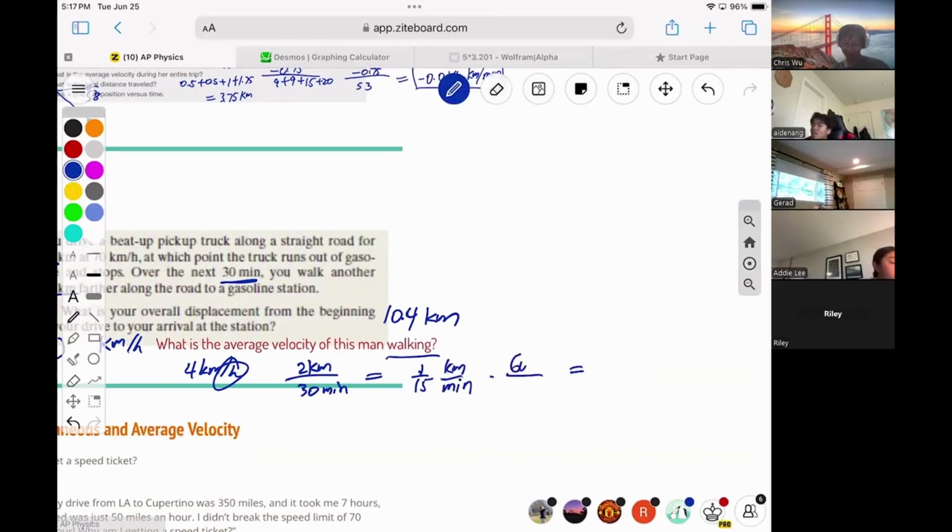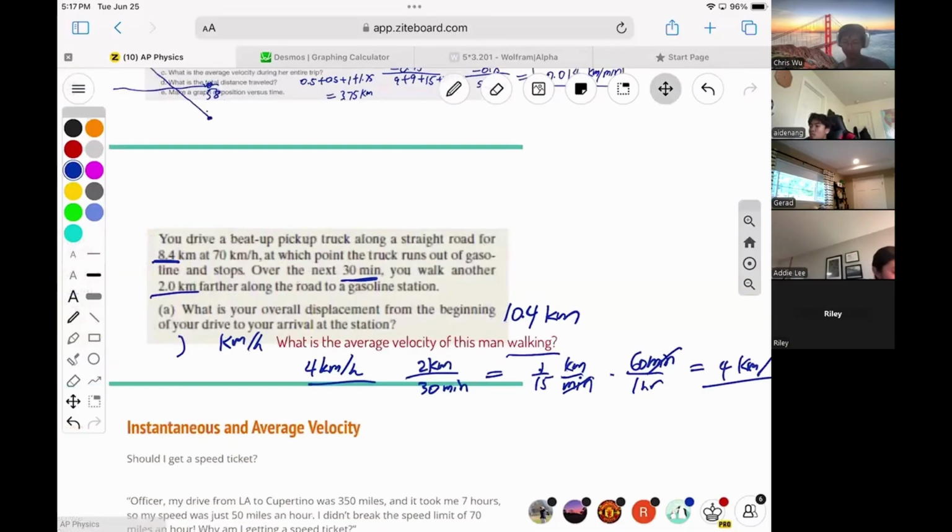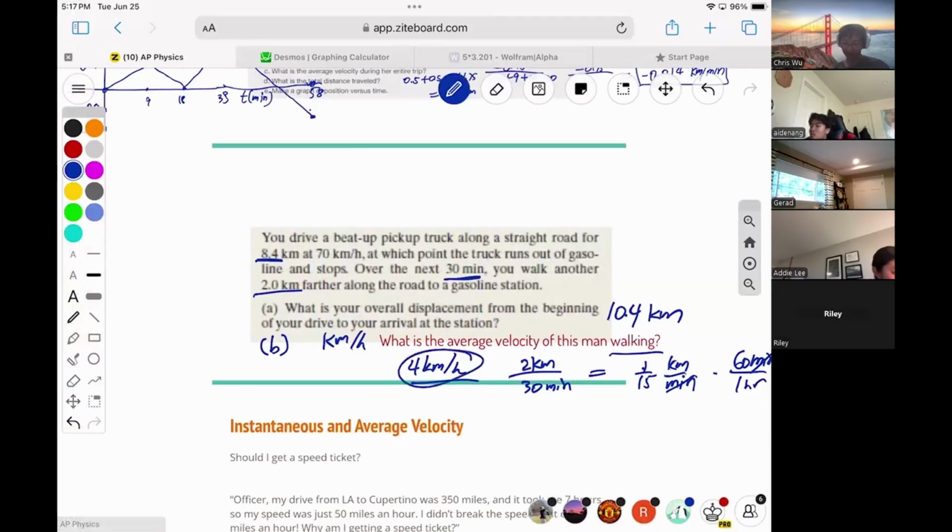So I put 60 minutes on top, 1 hour on the bottom. Minute will cancel. 60 divided by 15 is 4 kilometers an hour. Right, so it's the same thing whether you did the conversion later or at the beginning. Anyways, so that's that.